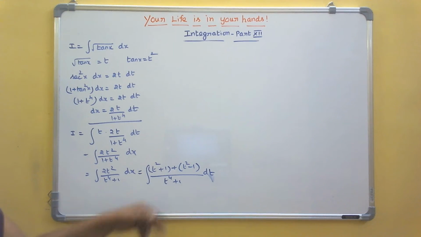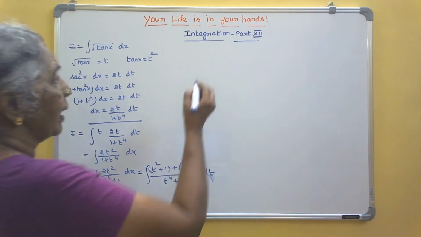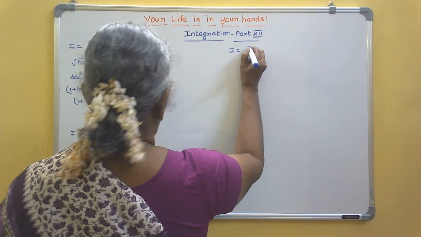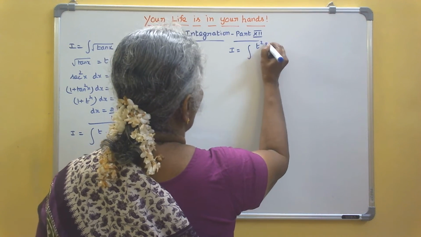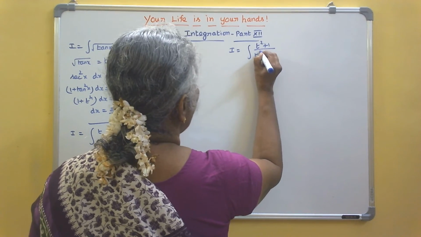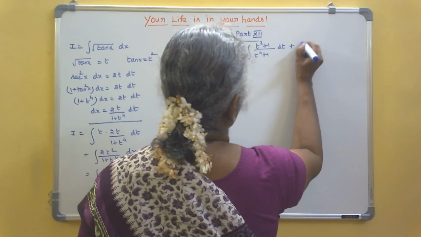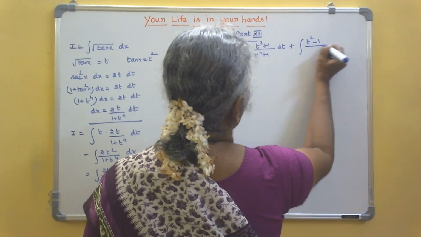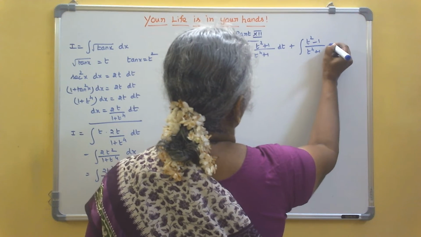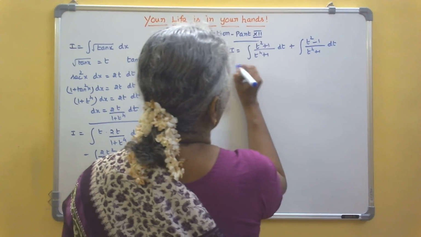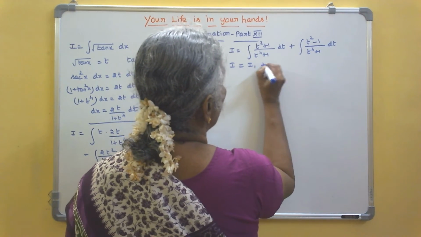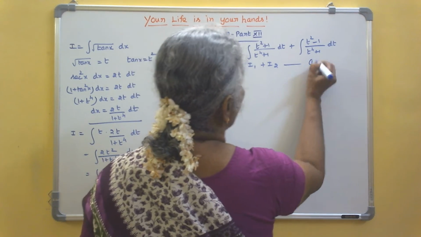So now you can split it into two integrals. So your I will now become integral t square plus 1 by t power 4 plus 1 dt plus t square minus 1 by t power 4 plus 1 dt. Write it as I is equal to I1 plus I2.